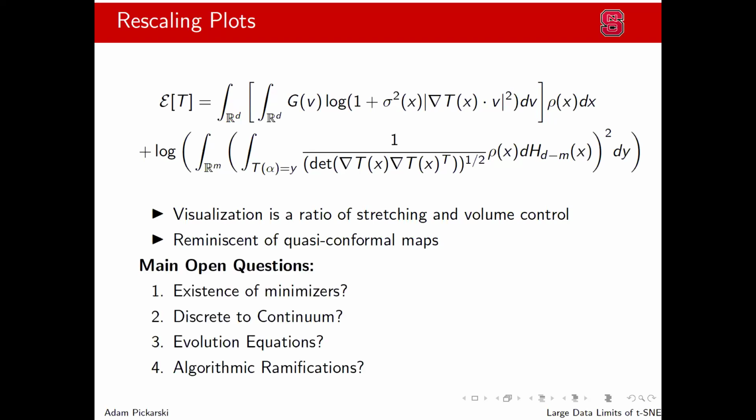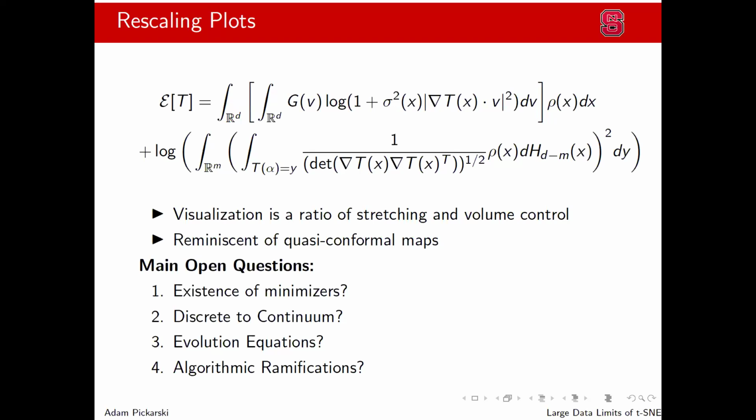And there's a lot of open questions here. It's obviously a really weird energy, so existence of minimizers is not clear. The coercivity due to the log is not immediate, so you don't have a really good function space to work in, and so you're kind of stuck. Even though you can get lower semi-continuity, you don't really have a priori function space bounds because the log permits discontinuities.